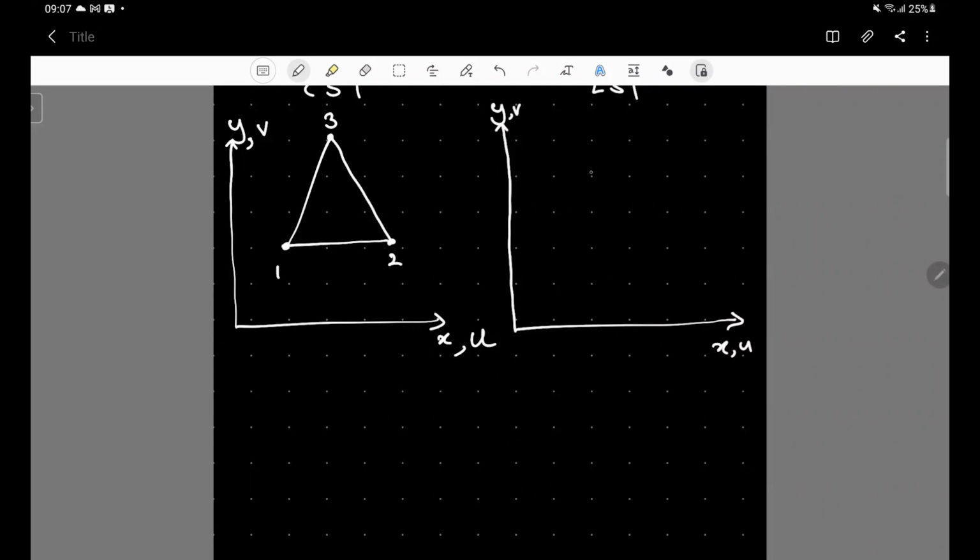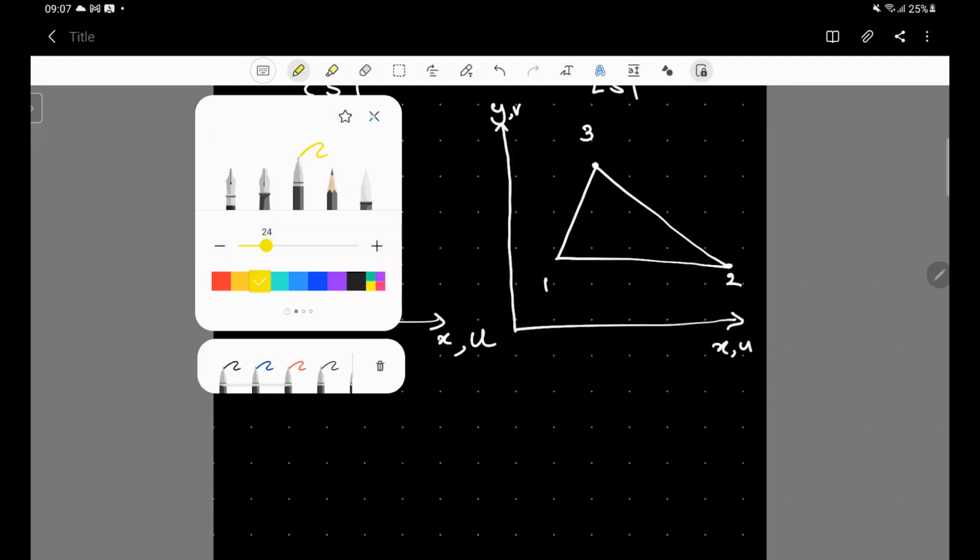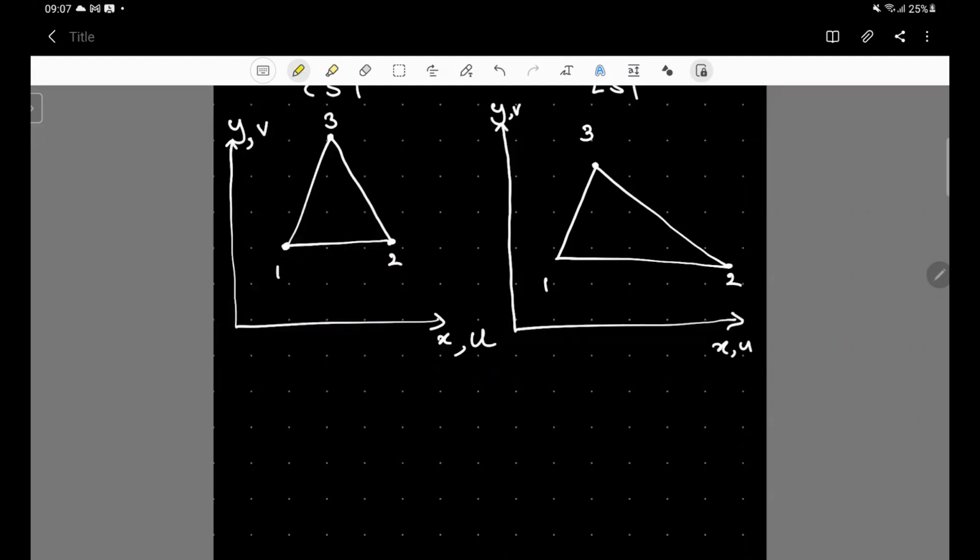In the case of the LST, linear strain triangular element, in addition to the 3 nodes located at the very ends of the triangle, there are also mid-side nodes at the very middle of each edge.